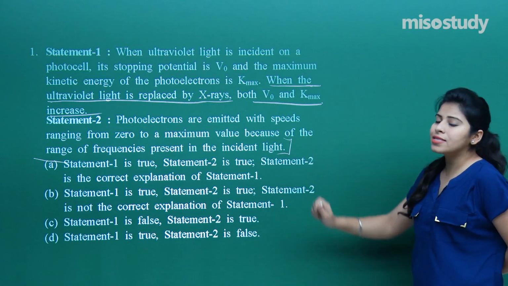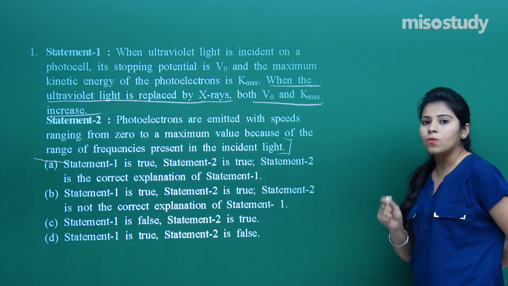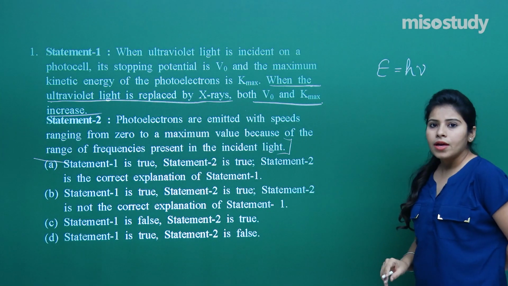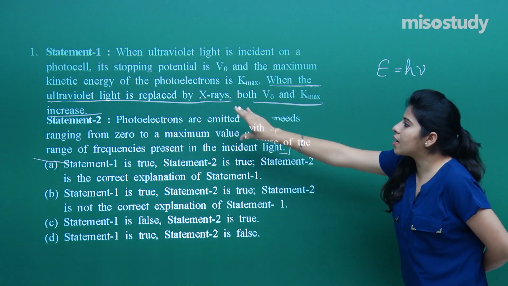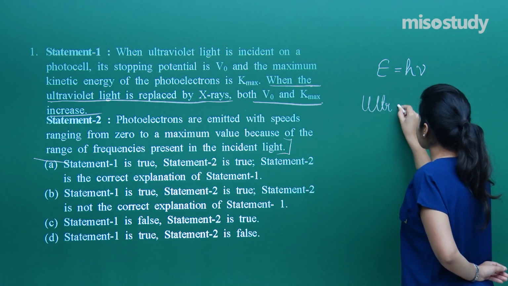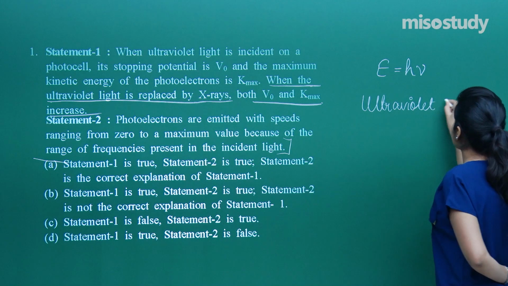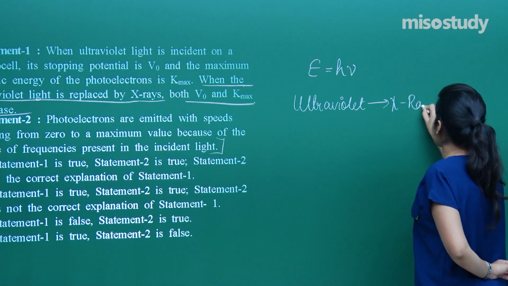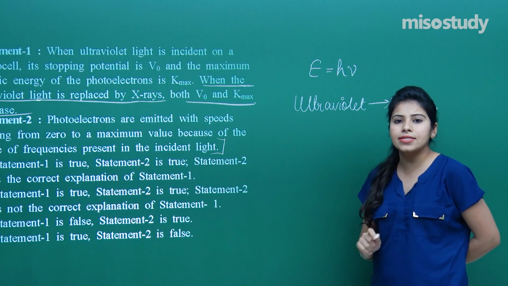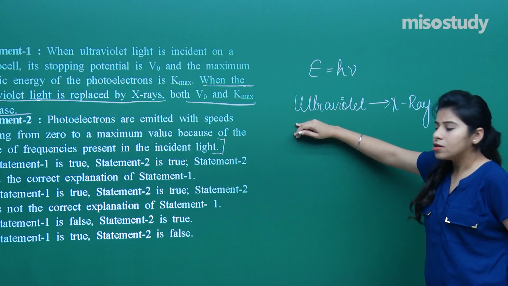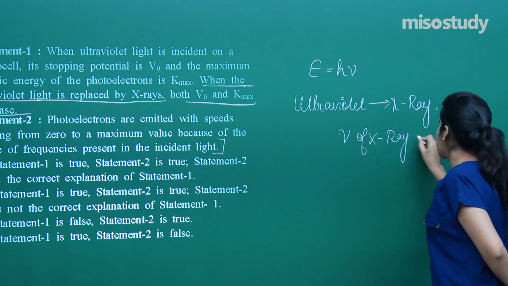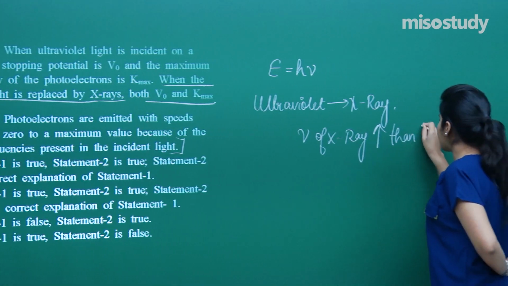Now I will proceed with this question using E equals h nu. When I change the light from ultraviolet to X-ray, I can say that the frequency of X-rays is higher than that of UV rays.